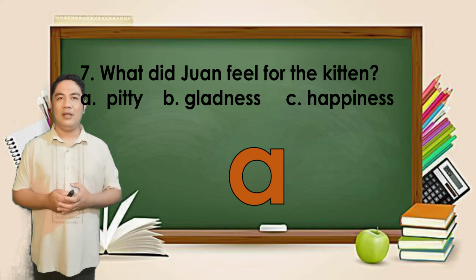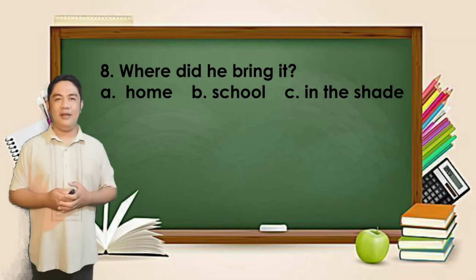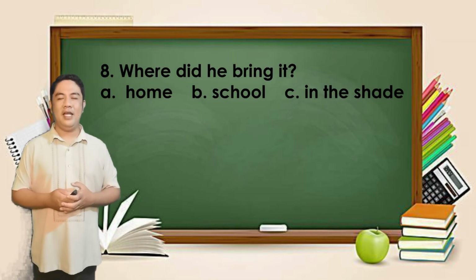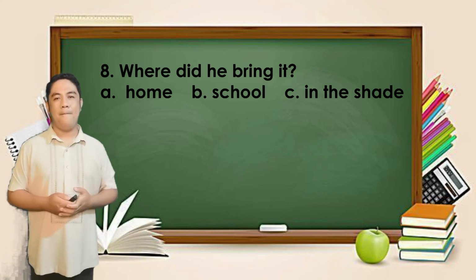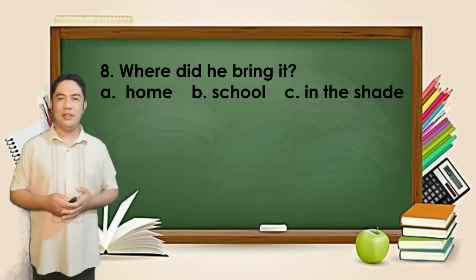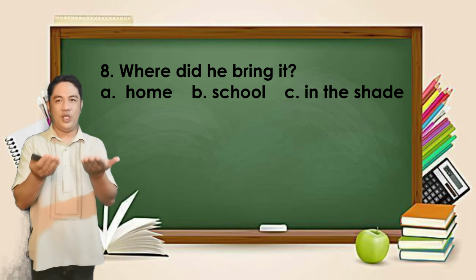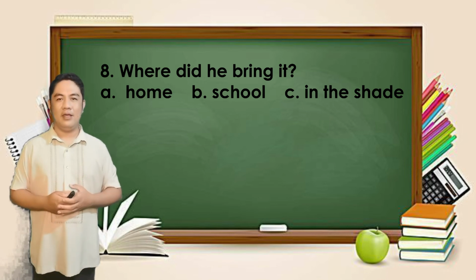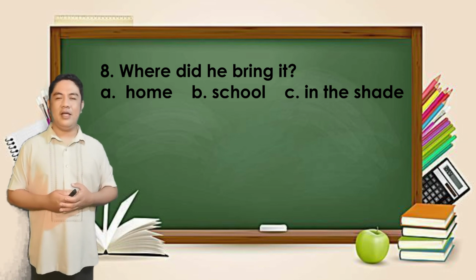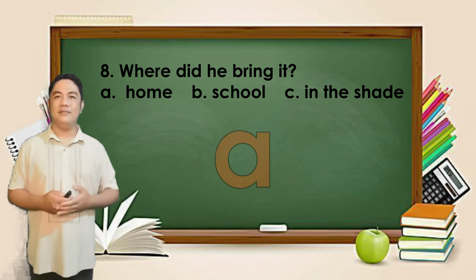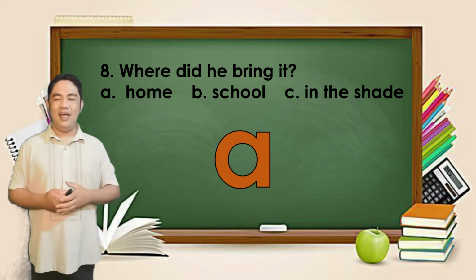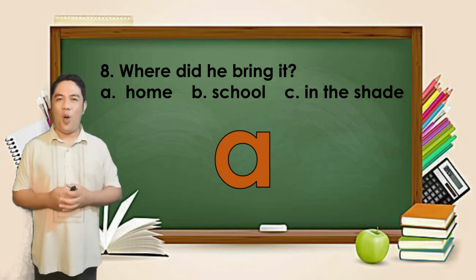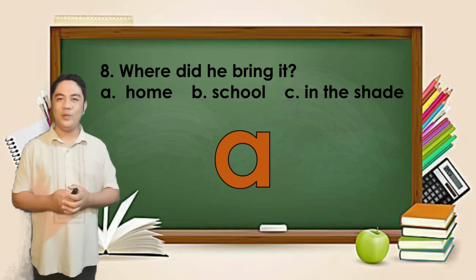Isn't it? Next, for number 8, where did he bring it? A. Home. B. School. C. In the shade. If your answer is letter A, you are excellent. It was mentioned that he brought the cat to the home.